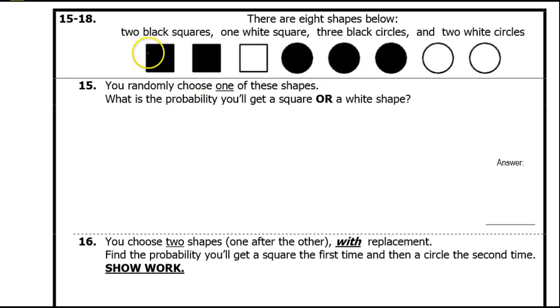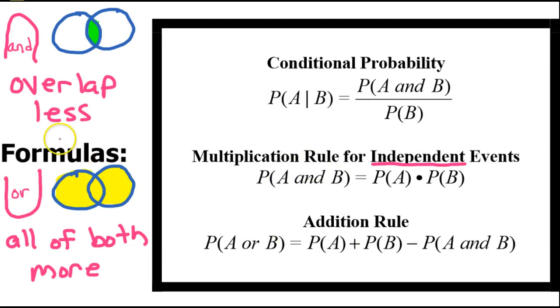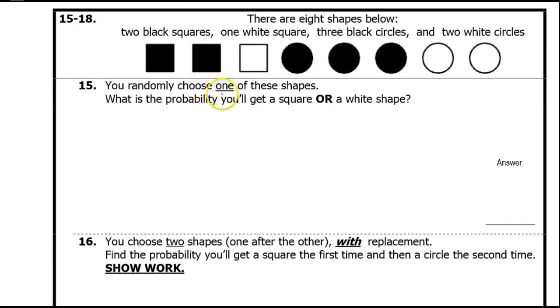Okay, look at these 8 shapes. You randomly choose one of these shapes. What's the probability that you'll get a square or a white shape? Remember that when we talk about or, we're talking about all of both. So which of these are squares?